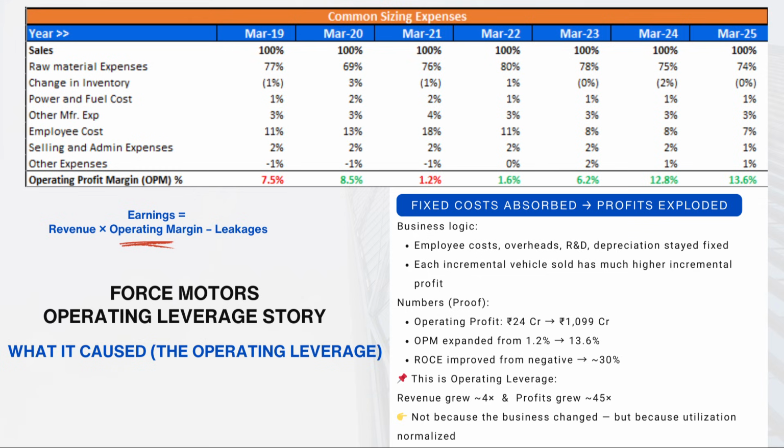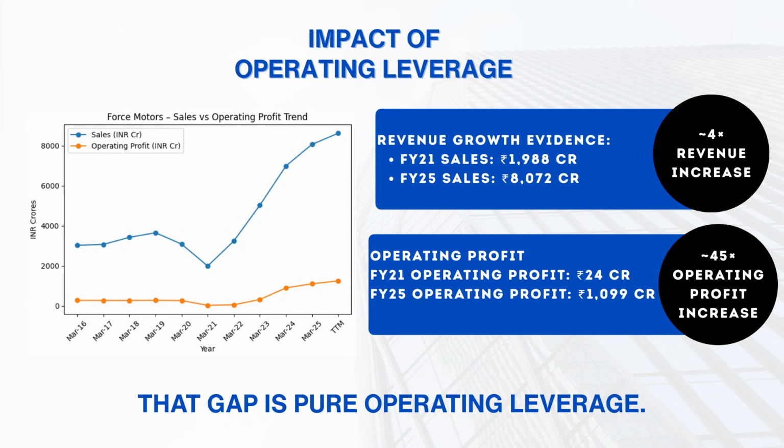This caused operating profit to jump from 24 crore to 1000 crore, which is almost 40 to 45x, right? So do you understand the gap here? Revenue went up 4x, but operating profit went up 45x. That is what we call operating leverage.